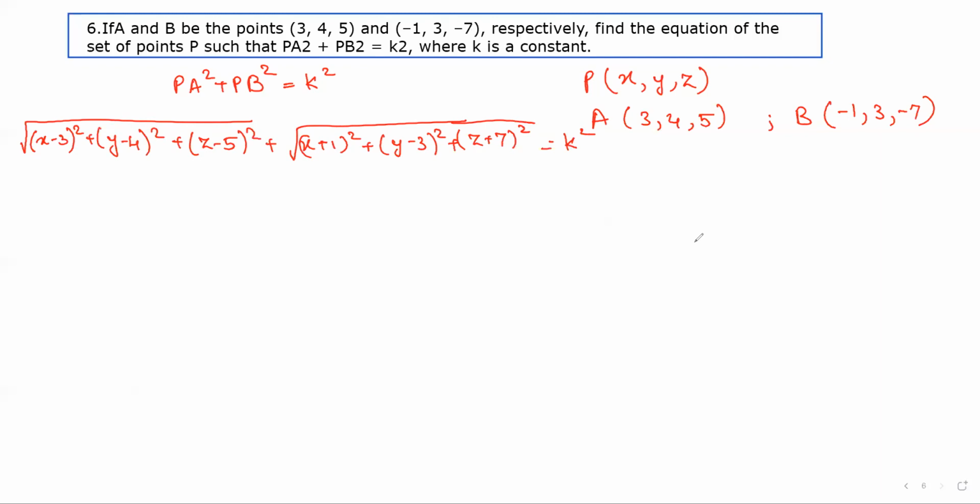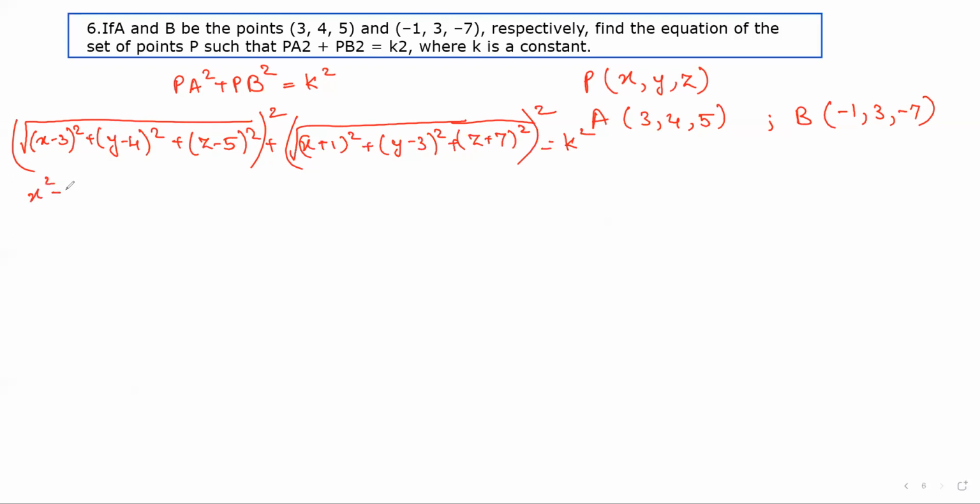Now here you have squares of these values. PA square, so you calculated PA and took the square. PB square means PB is the root value and whole square. Square and root will nullify each other and we'll expand the internal values.